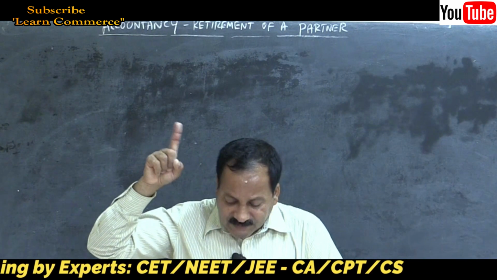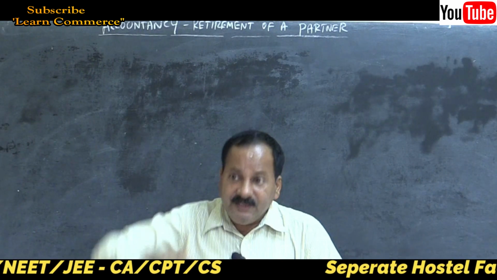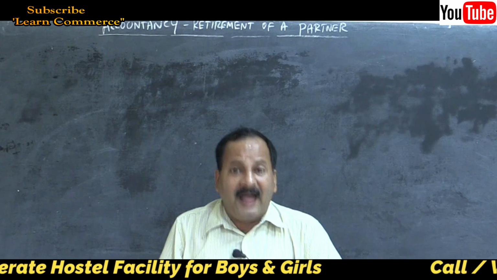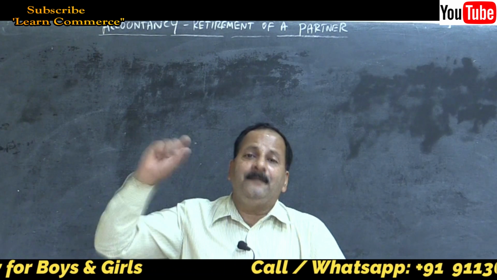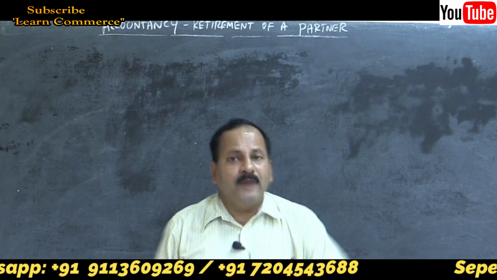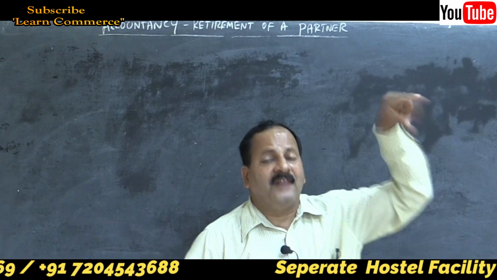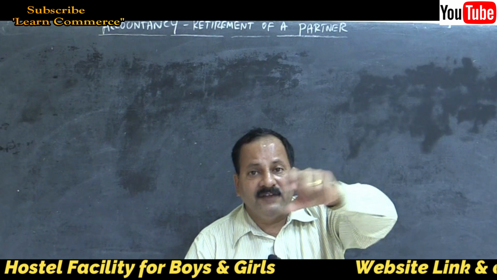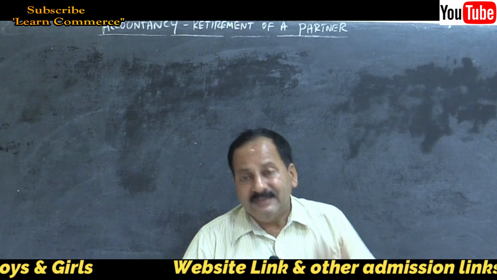Bank balance is how much? Say 7,600. If it is not enough to make the payment, the balance amount should be paid by borrowing bank overdraft. So one more liability gets created on the liability side, bank overdraft, that is the balance amount payable to the retiring partner.